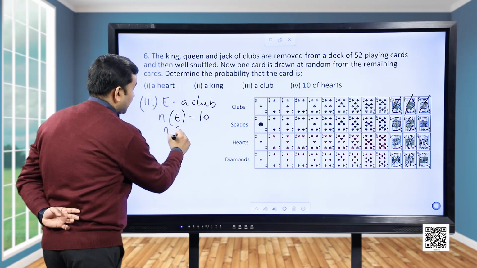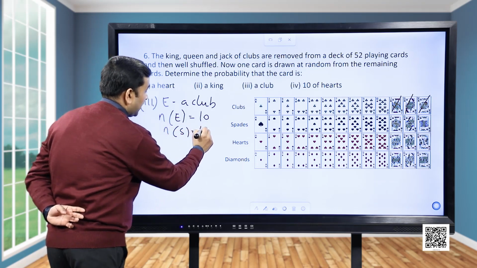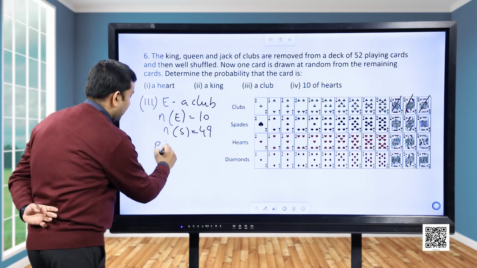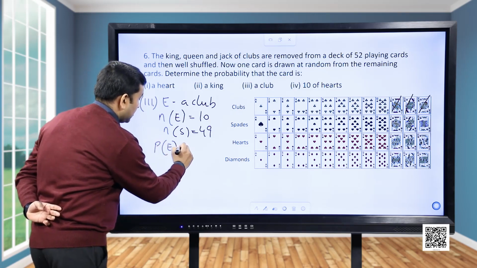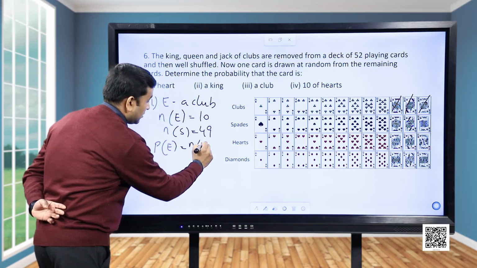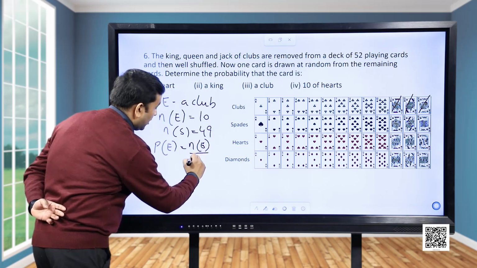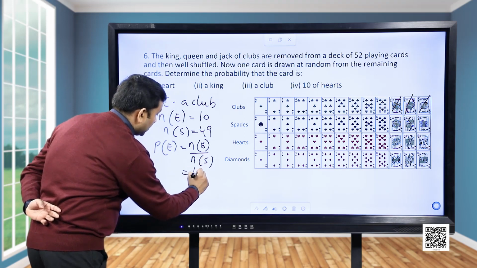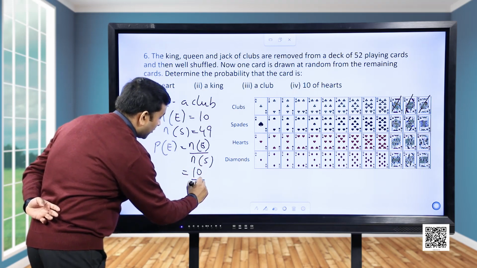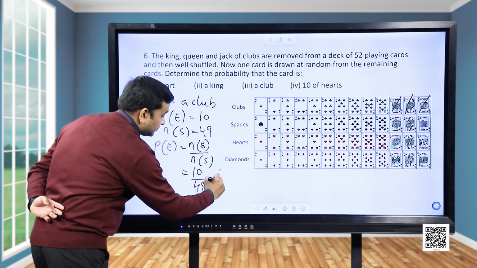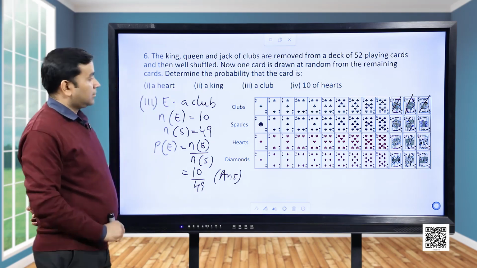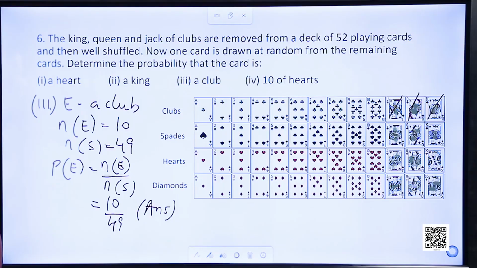And the number of all the possible outcomes remains the same, 49. So our required probability, NE upon NS, equal to 10 upon 49. Very easy. Let's move to the fourth part.